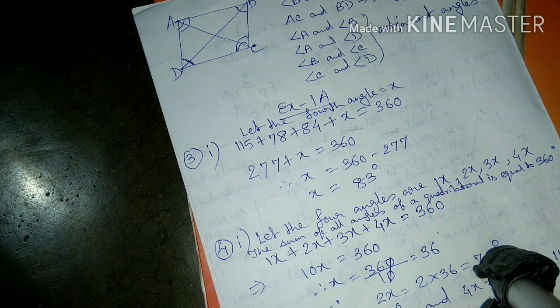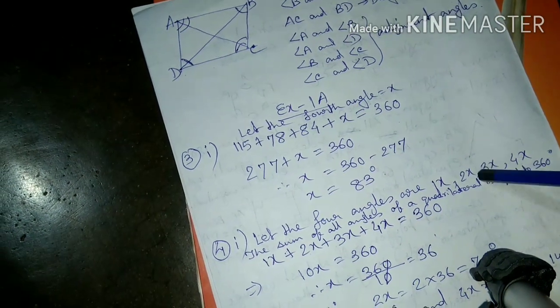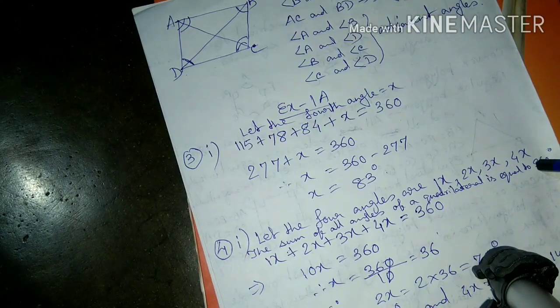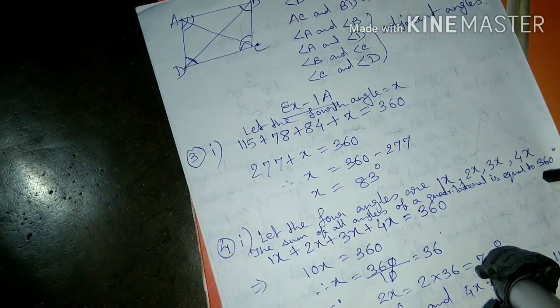Fourth, 1 number. The question is given what? The angles of a quadrilateral are in the ratio 1:2:3:4. That means the exact angle is not given. So let the 4 angles be 1x, 2x, 3x and 4x. And we know what? Sum of all angles is equal to 360 degree.